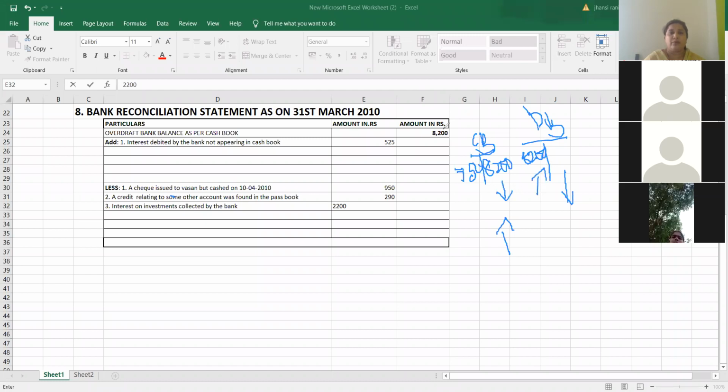So what do we have to do? We have to add because it's showing more balance.